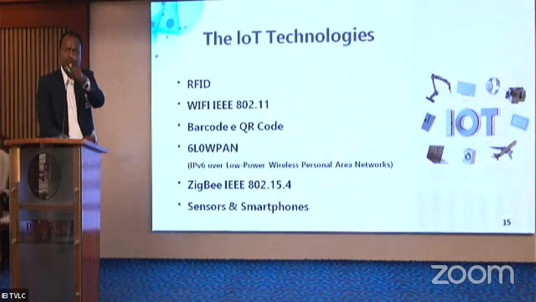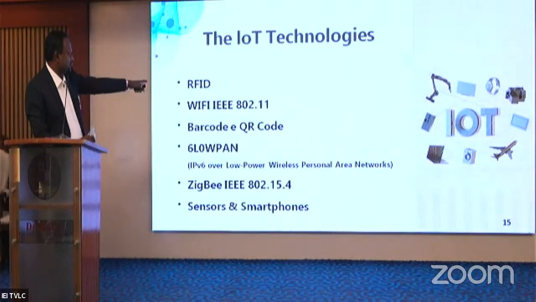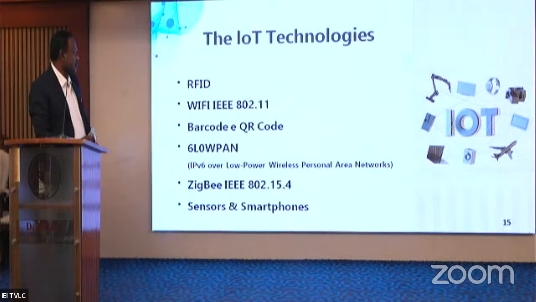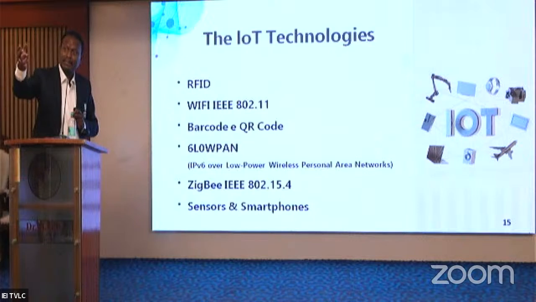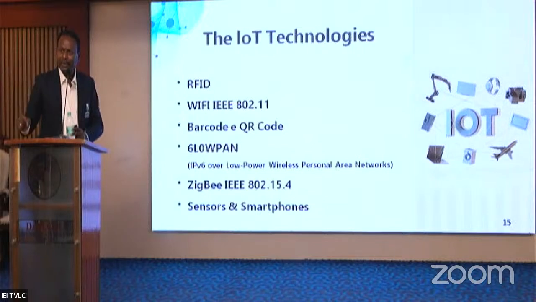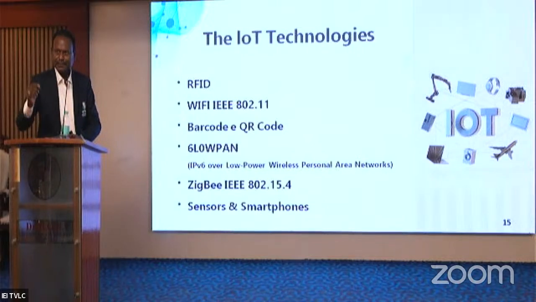Wi-Fi works with IEEE 802.11, but I'm not talking about the Wi-Fi router that we have in our house. That is also a routing device. But I'm talking about a tiny sensor where these capabilities are incorporated.